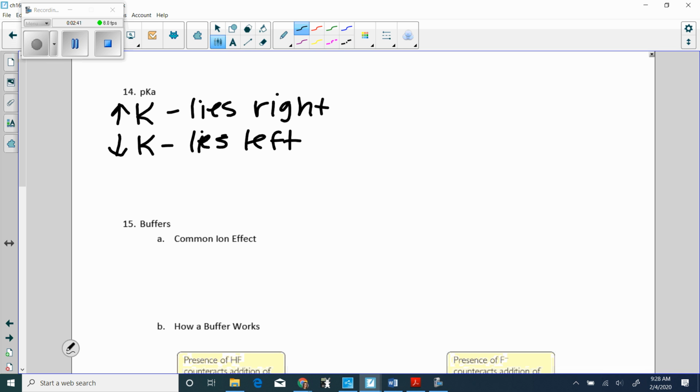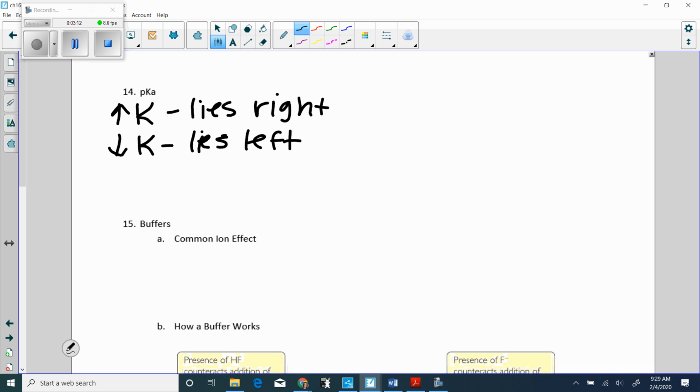If I only have a teeny tiny drop of the H3O, we call that a weak acid. Not a lot of acid, very tiny. Same thing for bases. If I have a really small Kb, like times 10 to the negative 10, that means it lies left. That means I only have a teeny tiny drop of my hydroxide. That's a weak base. Okay?